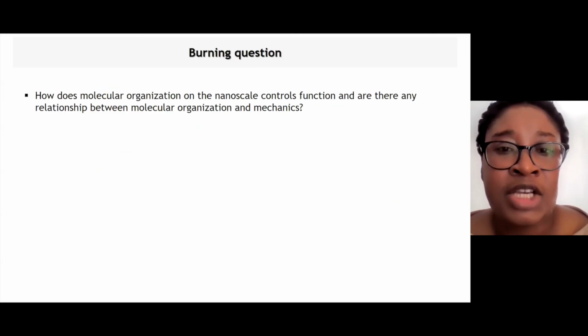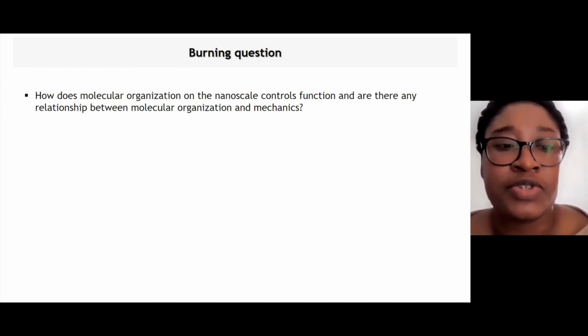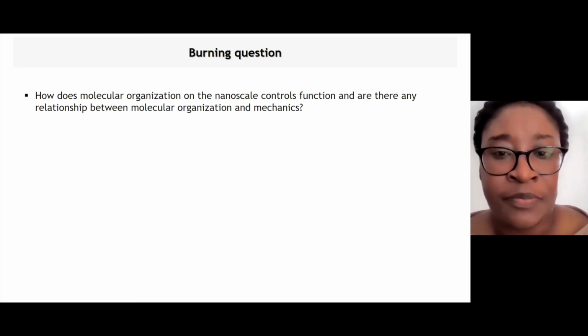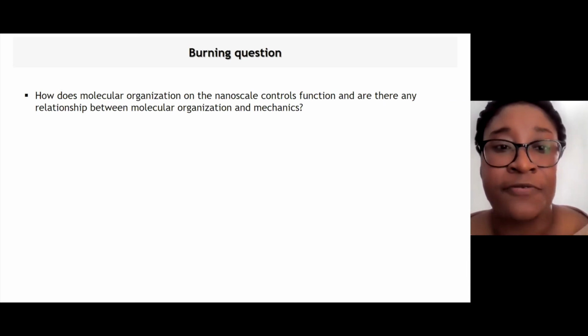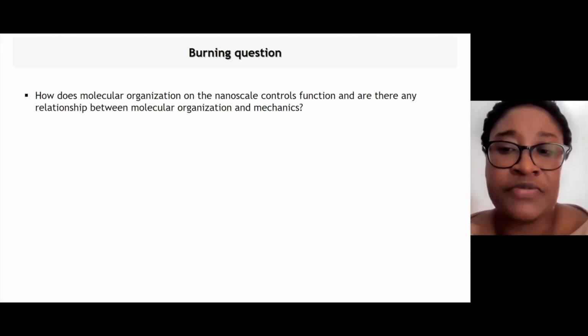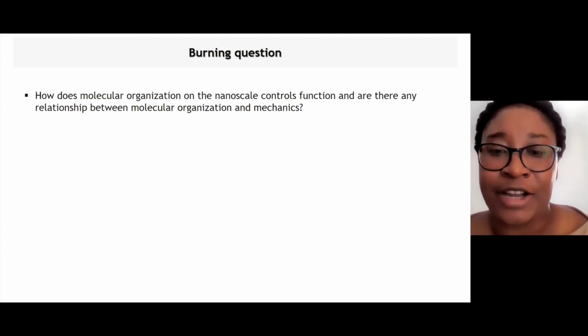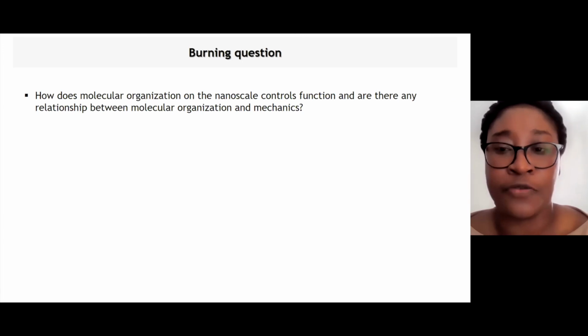Next. In terms of the burning question, the main question that has emerged out of our work thus far is molecular organization. We are trying to say, how does molecular organization on the nanoscale control the function of this cell envelope that we've seen, and just trying to link architecture or structure to function.